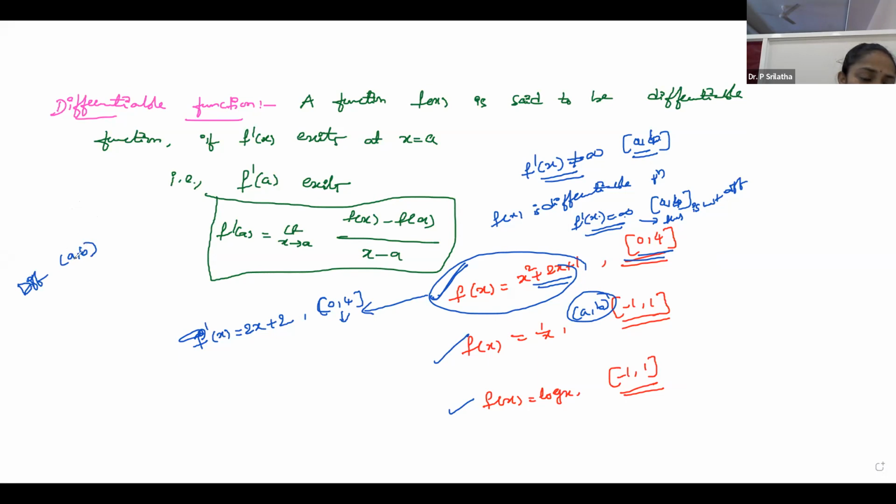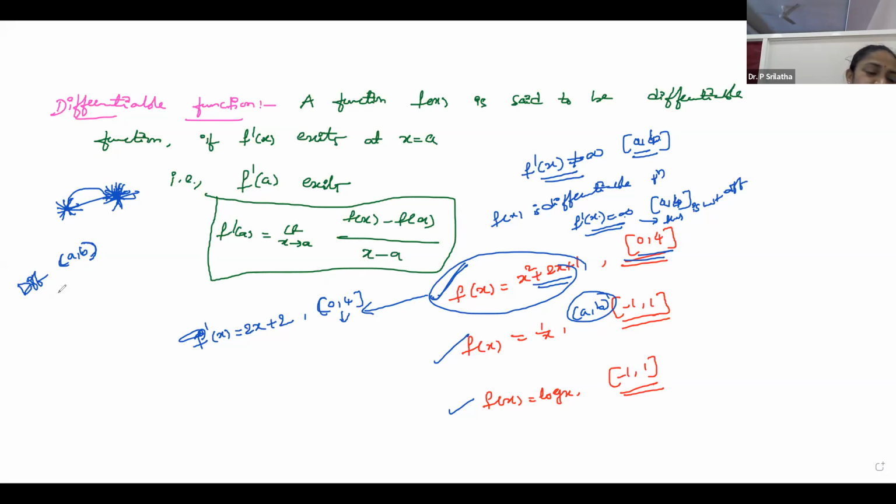When it is derivable, a unique tangent will exist. But at the end points, more than one tangent will exist, right? So many tangents will be there at the end points. So that's why at the end point, the differentiation does not exist. That's why we are taking the open interval a comma b, excluding a and b.